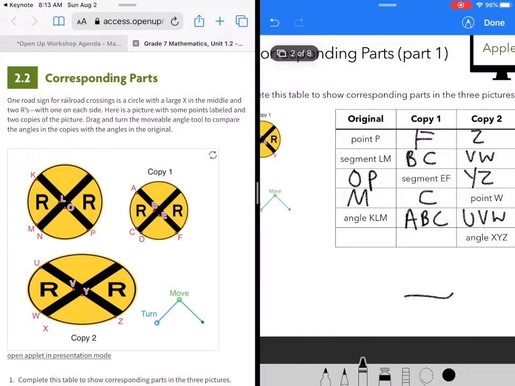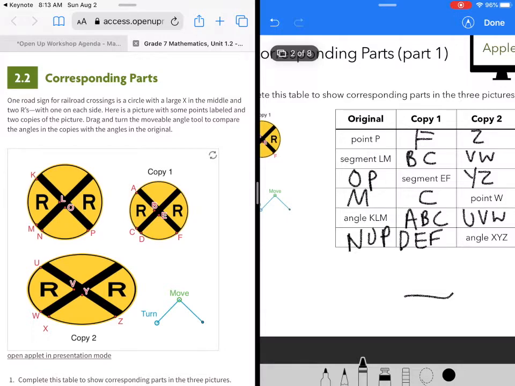Then it says angle XYZ on copy 2. So XYZ is at the very bottom, so it starts on the left side and then goes to the right. So then on copy 1 it would be DEF, and it would be NOP.